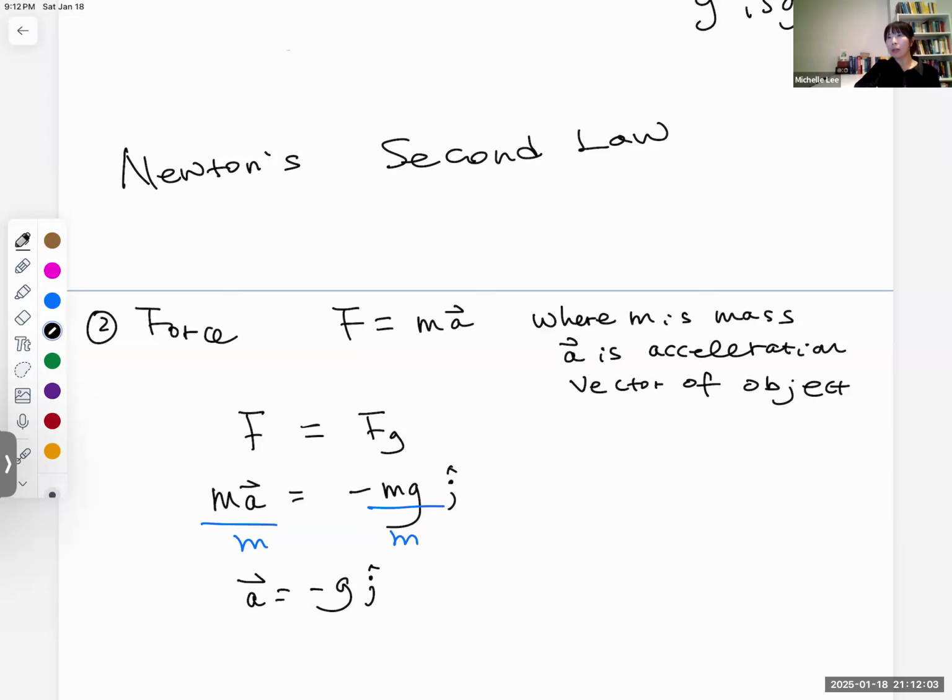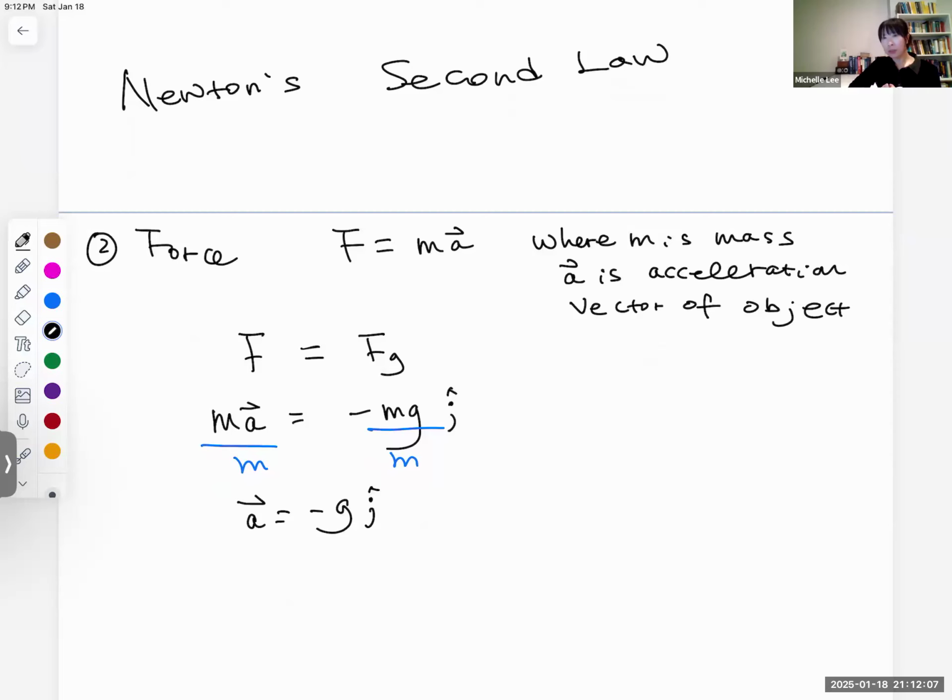Then we know what the acceleration is in terms of the other vector. So we know that acceleration a of t equal to the derivative of velocity, right?